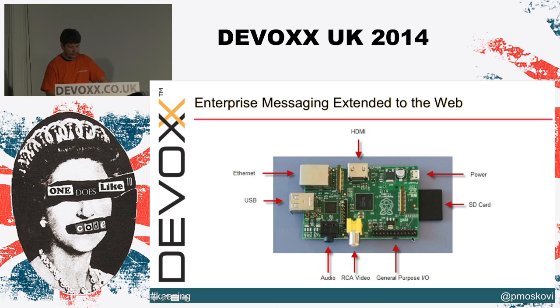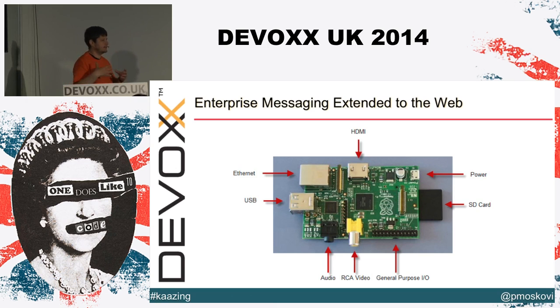And most importantly, it has these general-purpose input-output ports. These ports allow us to detect various inputs coming from the outside and create outputs using software. So this is the magic that is happening when you are bridging the world of software and hardware.